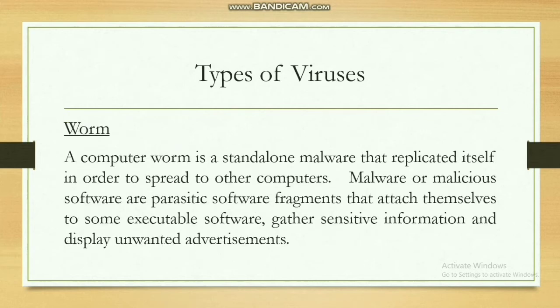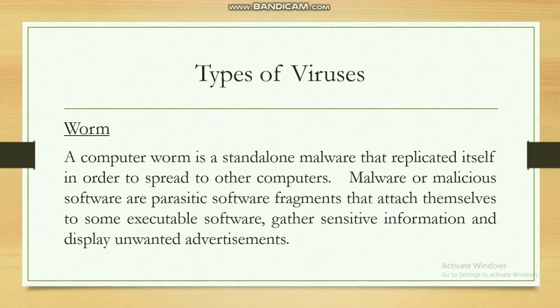The worm. A computer worm is a standalone malware that replicates itself in order to spread to other computers. The malware, the malicious software, is made of parasitic software fragments that attach to some executable software and gather sensitive information and display unwanted advertisements.